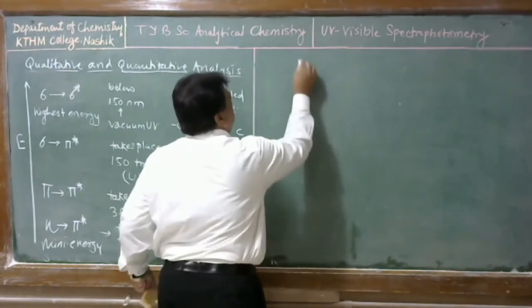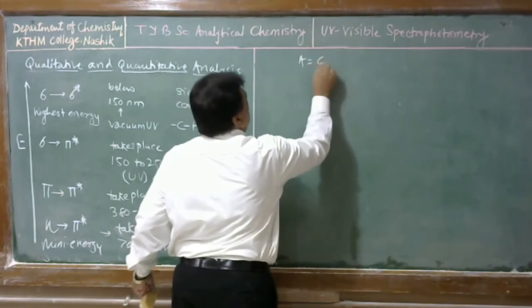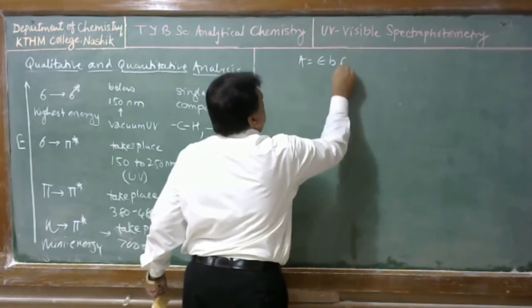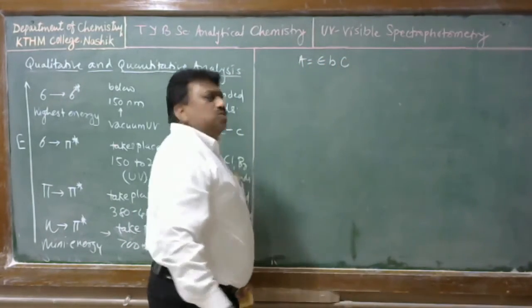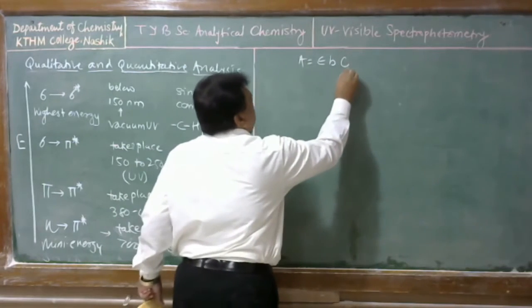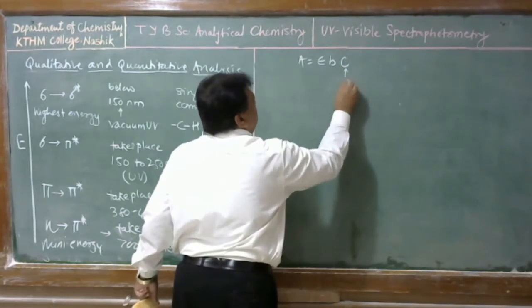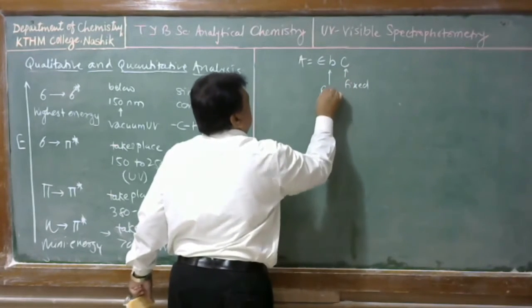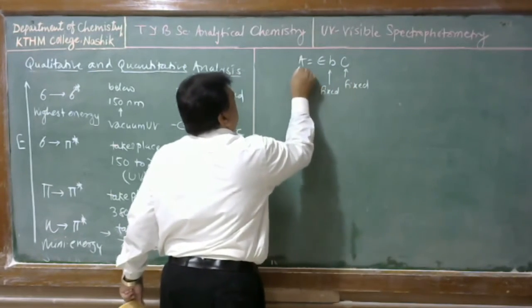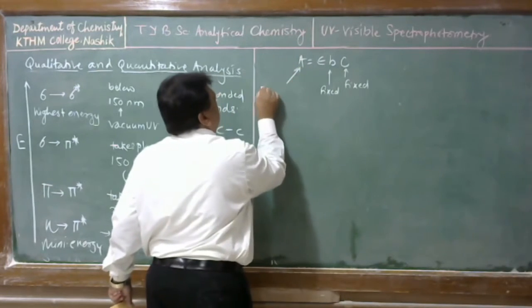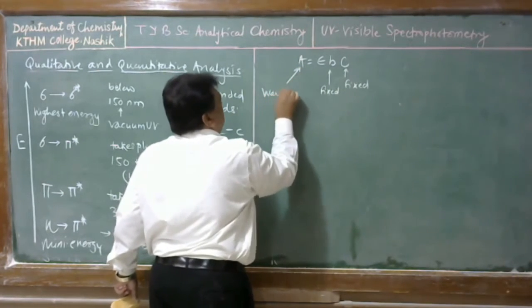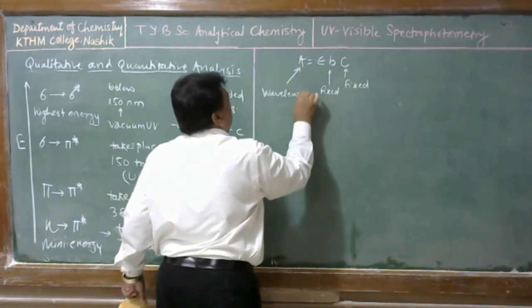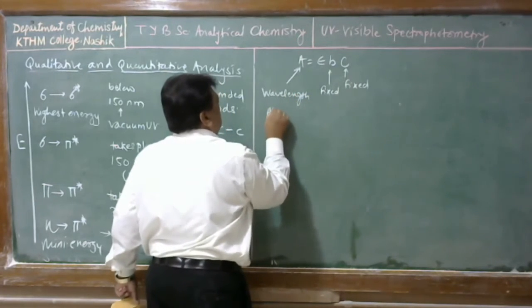Student, according to Beer's law, absorbance is equal to epsilon times b times c. Suppose we have a solution whose concentration is fixed and whose path length is fixed, and we measure its absorbance at different wavelengths, then we get different values of absorbance.